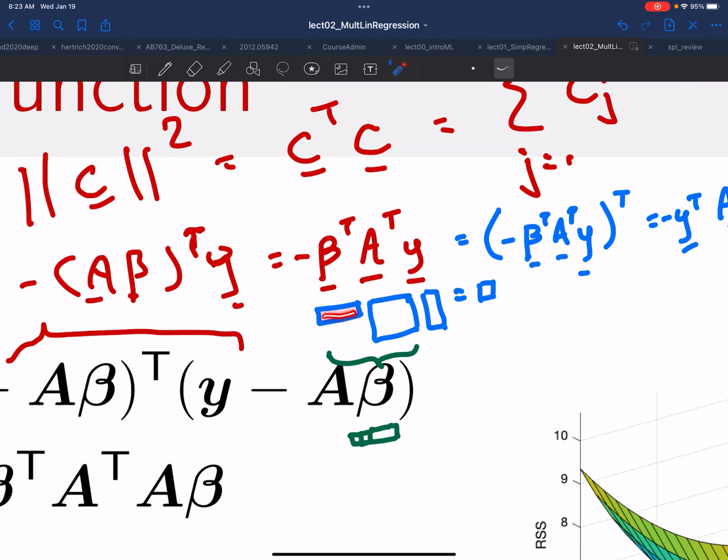There are D coefficients here and D rows here, and then N columns here and N rows there. So everything works out. If you think about the dimensionality, the first dimension on the left will be the first dimension of the result, and the second dimension on the right will be the final second dimension. And this is 1 and 1, so you're guaranteed to get a scalar.